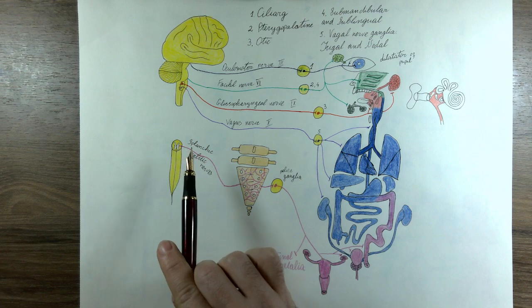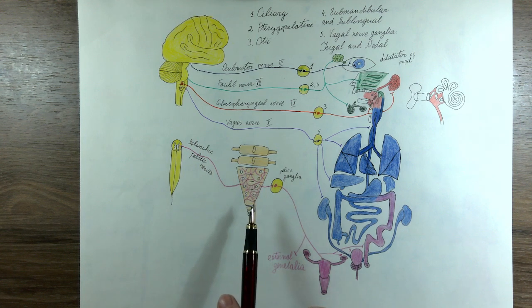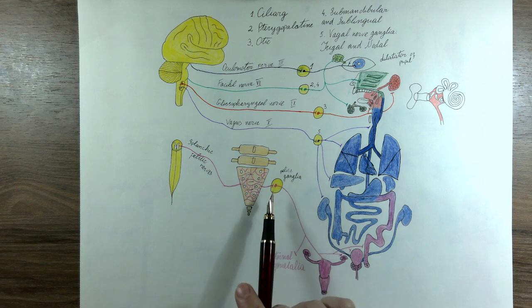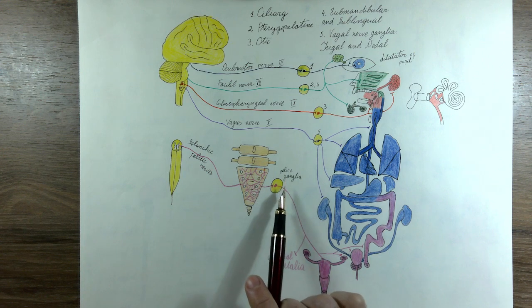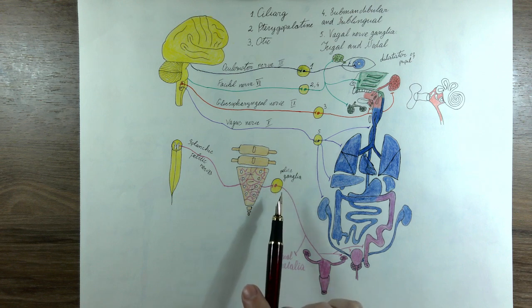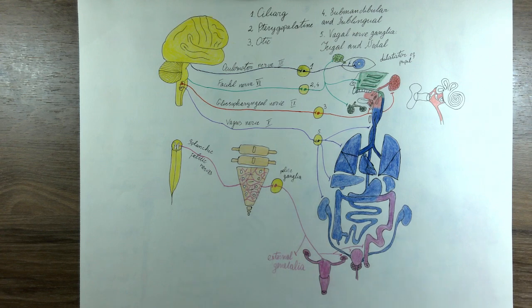They form a plexus in front of the sacral bone, which is called the inferior hypogastric plexus, and around this inferior hypogastric plexus you have your parasympathetic ganglia, and these parasympathetic ganglia are the so-called pelvic ganglia.